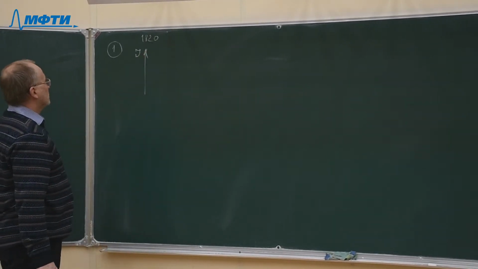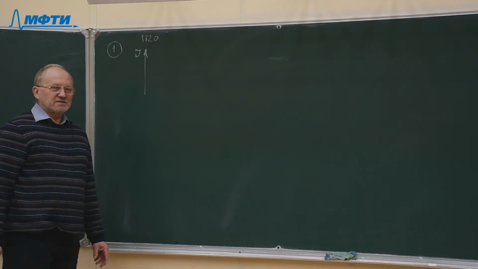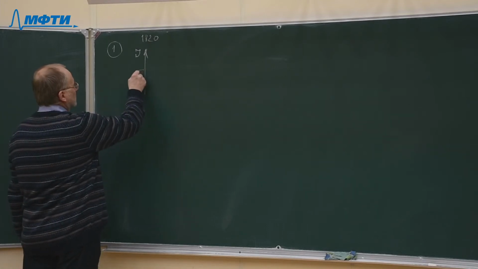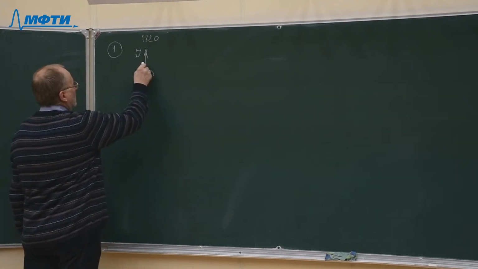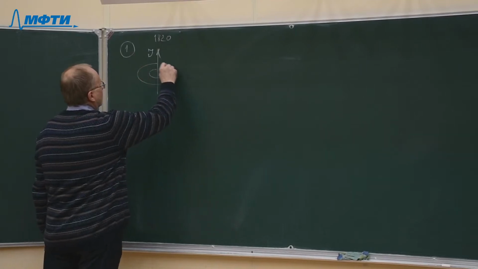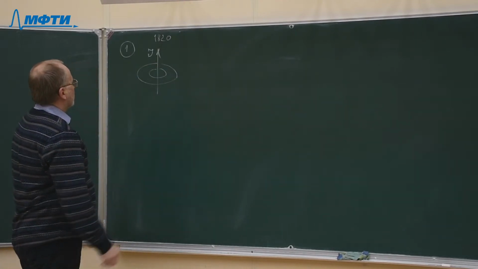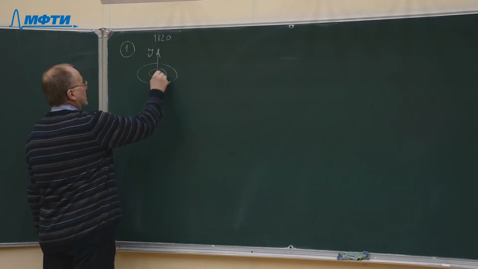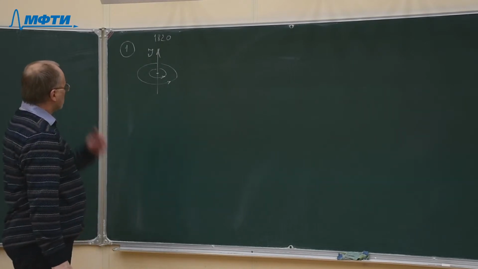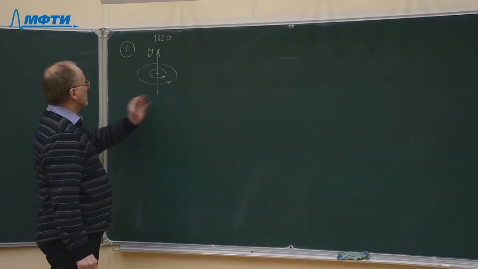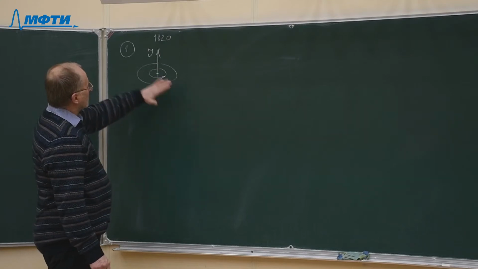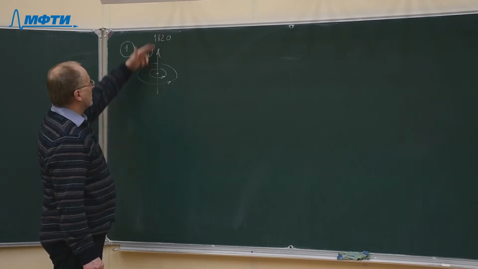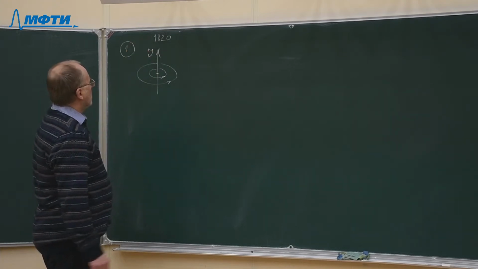It was established with the help of small magnetized needles that the straight current creates a magnetic field, and the magnetic field lines are arranged as concentric circles with the center in the straight wire with the current. These concentric circles lie in a plane which is perpendicular to the straight current.